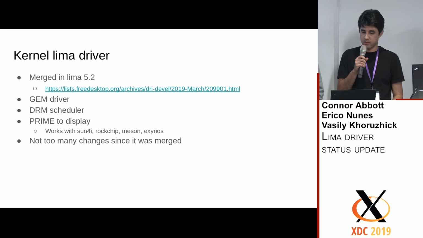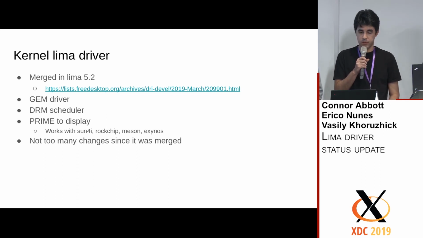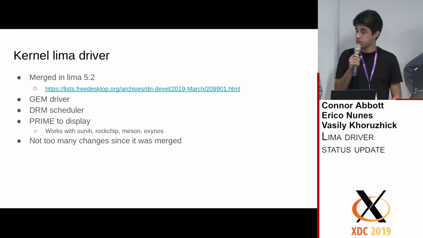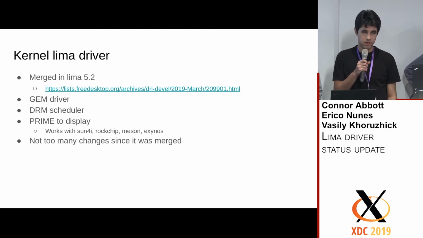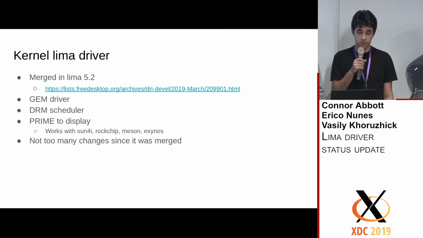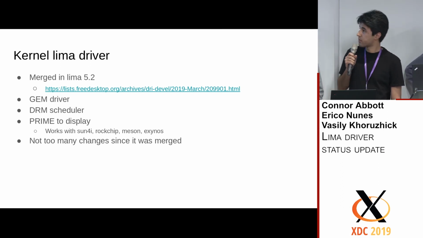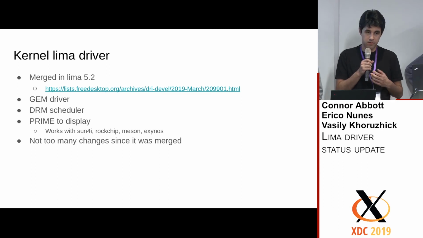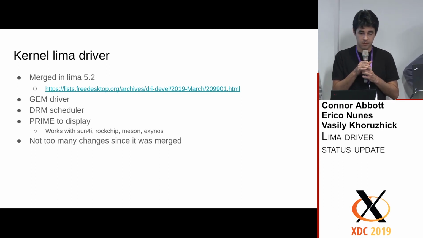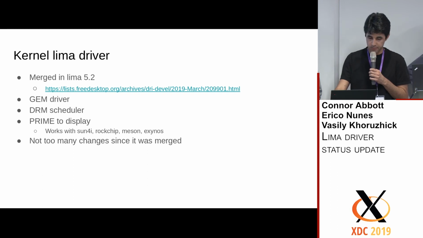We do have a couple of bug fixes and some things that changed in the DRM misc next branch, and then you had to fix it before it got merged into the actual released kernel. But the kernel driver is actually looking good. We may have some changes for 5.4, but overall, it should be fine to use a recently released kernel.